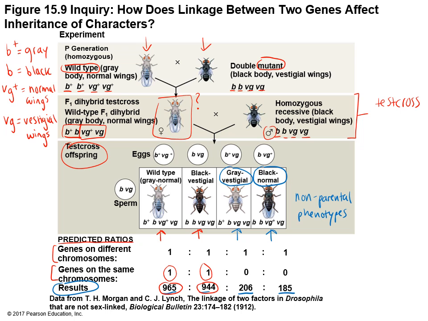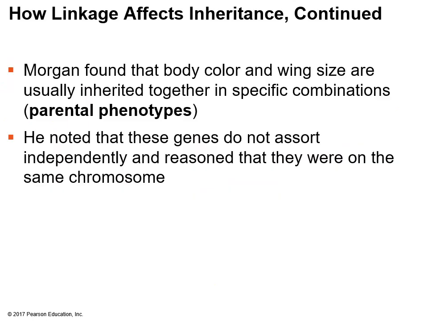So we're going to go over why some of the offspring don't look exactly like their parents. And if you guessed it, based on previous chapters, it is meiosis and what happens during meiosis, which is crossing over. Morgan found that body color and wing size are usually inherited together in specific combinations, the parental phenotypes.